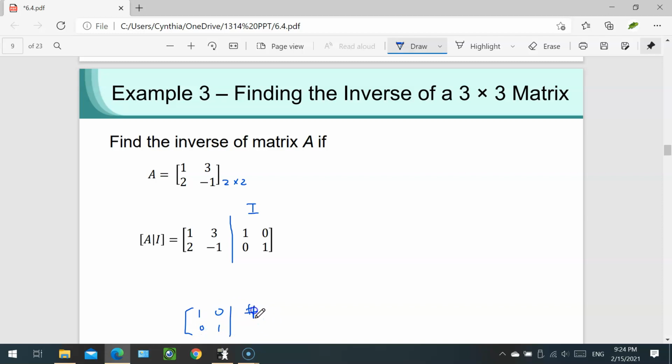And then the inverse of the matrix A would be the right hand side portion here. So how can we convert from this board into the identity matrix? We do that column by column.